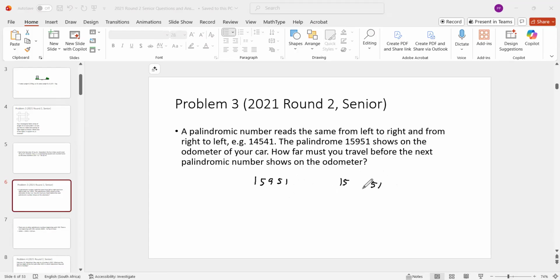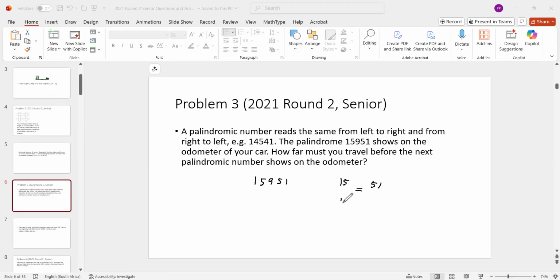It's a palindrome, and you can put any number in the middle. But this is 15,951. If you're traveling, the new number will have to be more than that. So you can't put any number here to make this into a palindrome, because you can put the numbers from 0 up to 9, and none of them will be greater, except 9, which will be the same. But they want the next palindromic number.